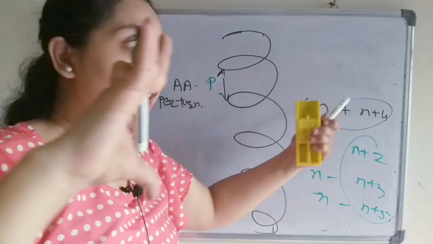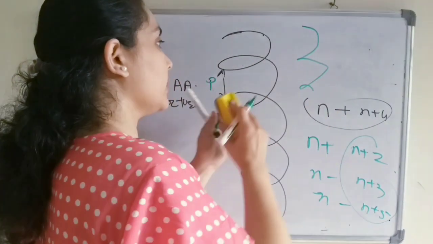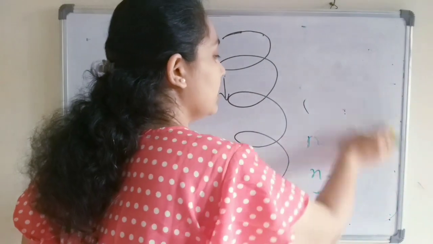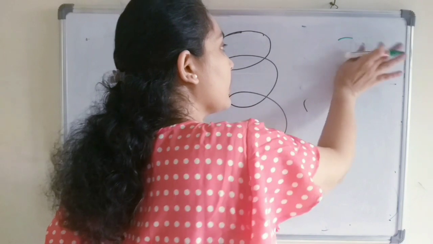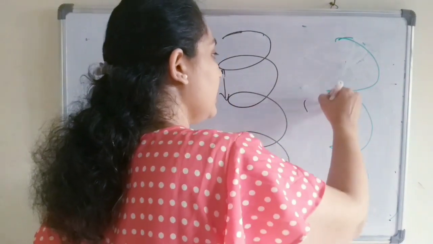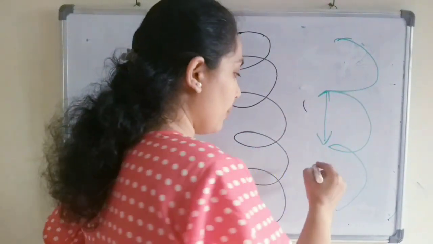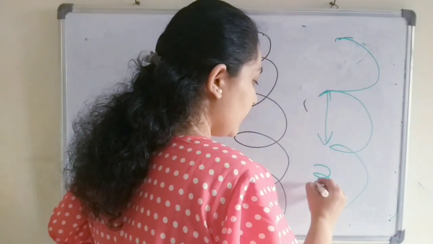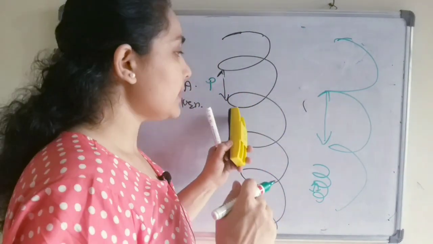If the structure is a little bit stretched, then the pitch will be higher, and if it is compressed, then the pitch will be less, as compared to this n plus 4.